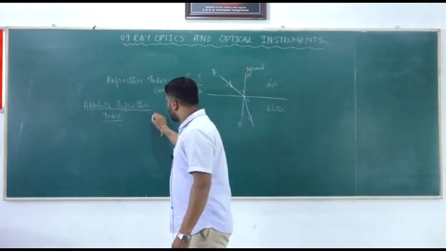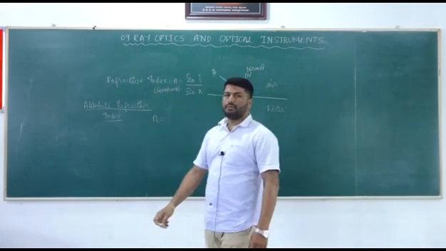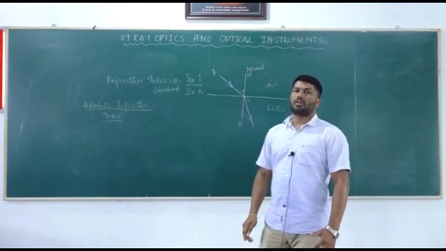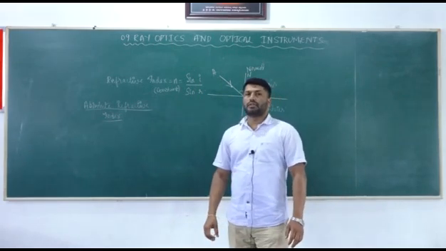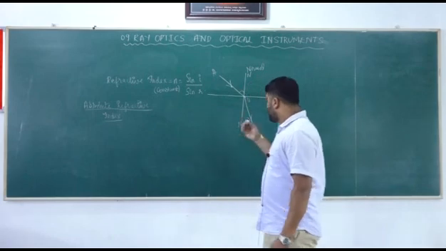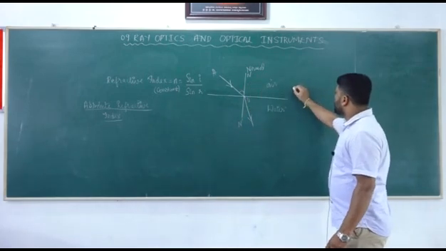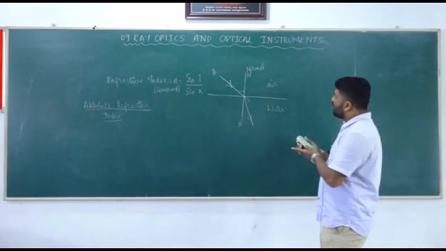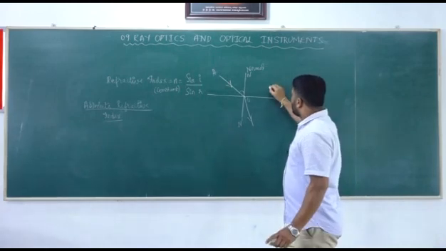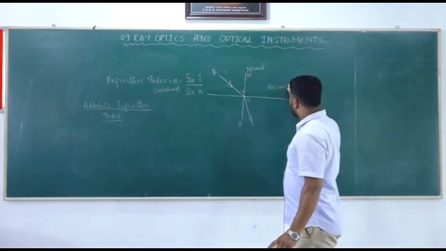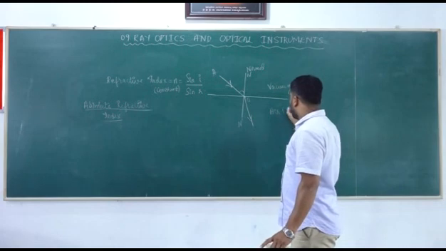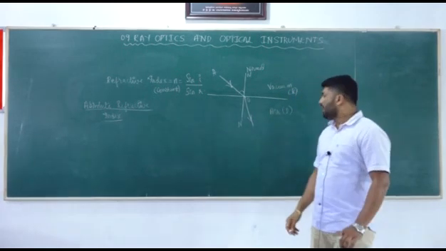The refractive index is defined as the ratio of the speed of light in vacuum to the speed of light in the given medium. For the absolute refractive index, vacuum is one medium, the rarer medium, and the other may be air, water or any medium.